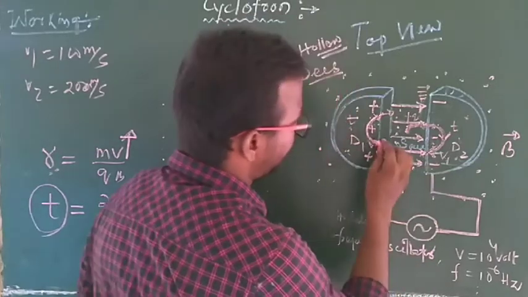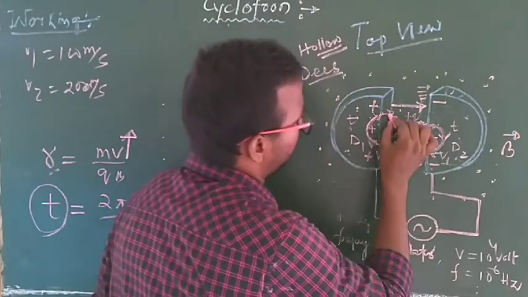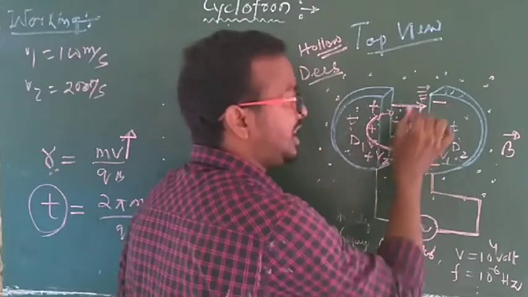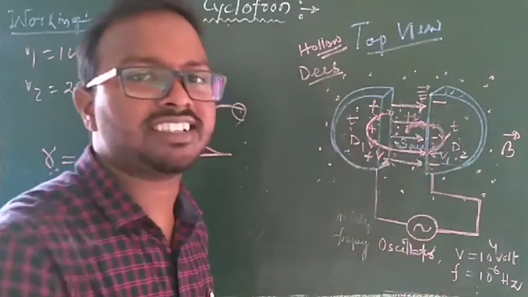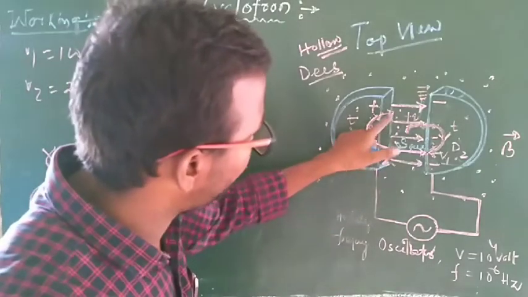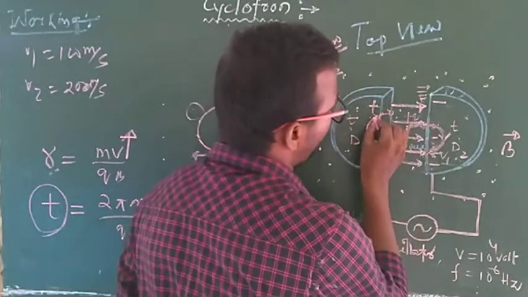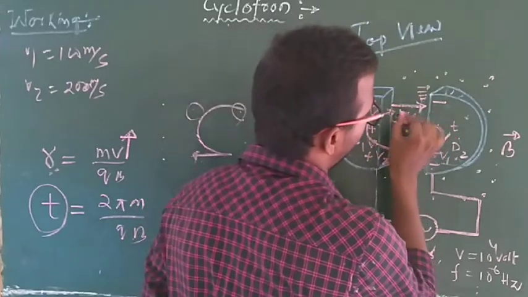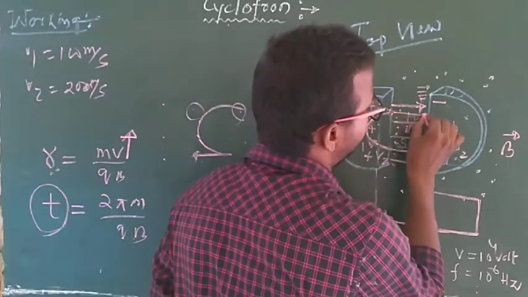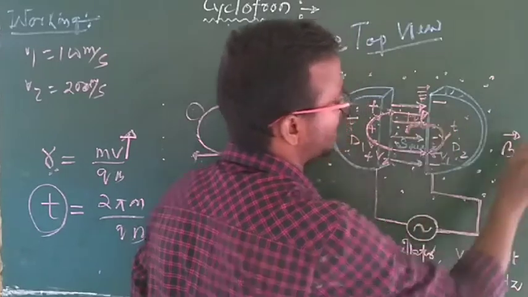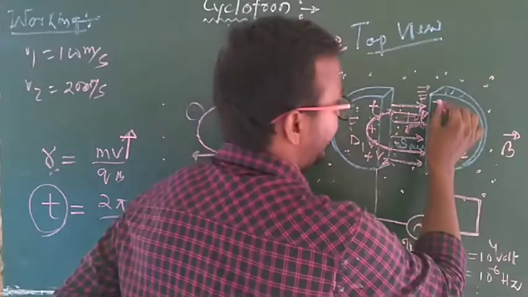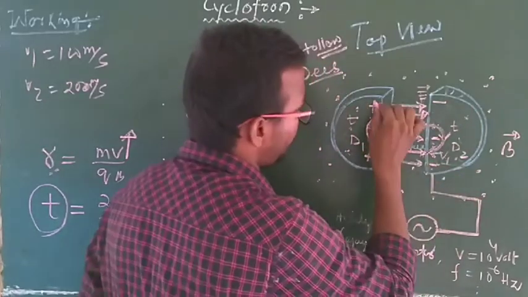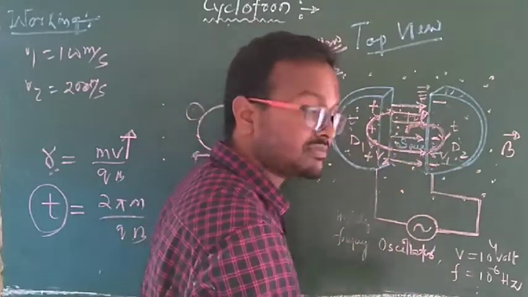So when the charged particle comes out from this D1 with speed v2 and the electric field is along the direction of the charged particle, it experiences a force in this direction, that means towards D2, because now D1 is connected with the negative terminal and D2 is connected with the positive terminal.